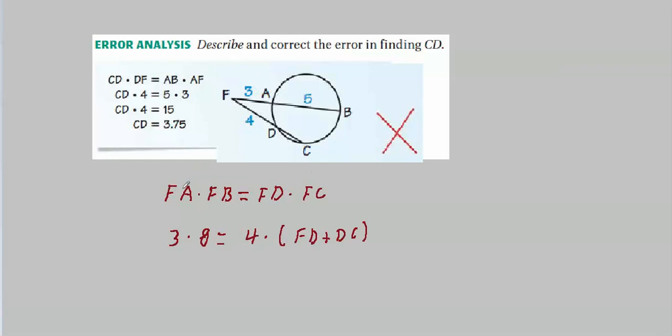FA is 3. FB, that's the whole segment. That's 8. And that equals 4 times FD times the whole FC. Well, FD is 4, and FD plus, well, I could substitute 4 in here for this FD also, couldn't I?